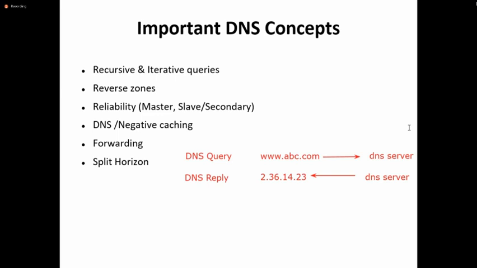So actually there are 13 root DNS servers. So one of those DNS servers should have this value, right? So when it goes to the correct DNS server, it will give a reply, and then that will come back to the client, right? So this is basically how the DNS happens.